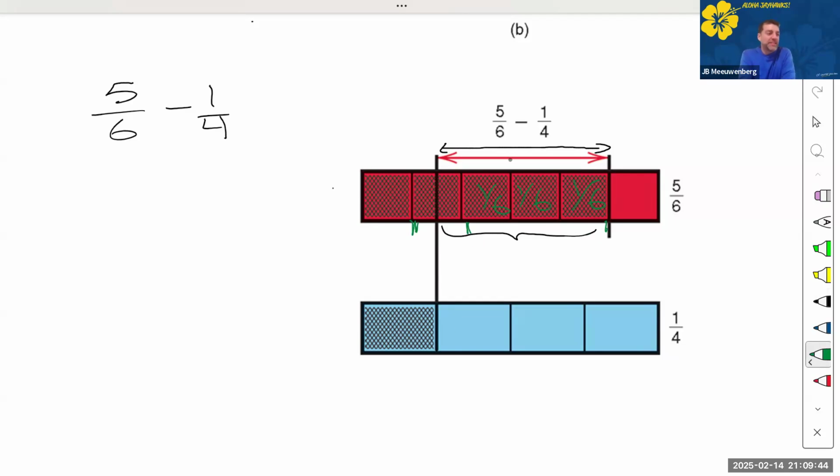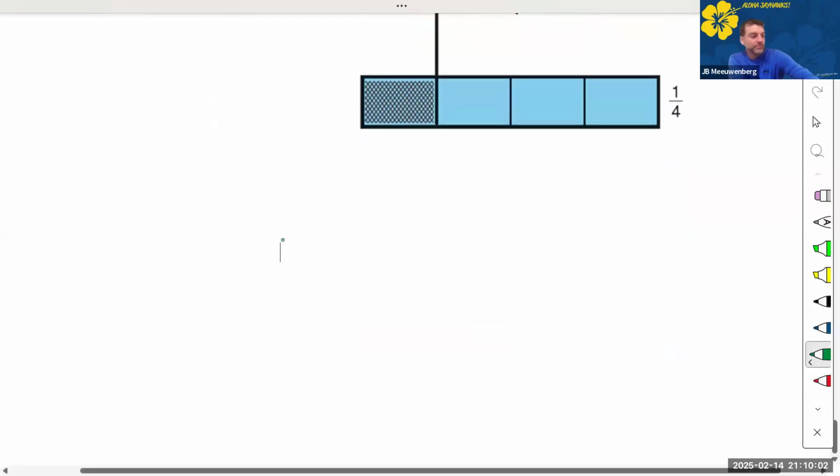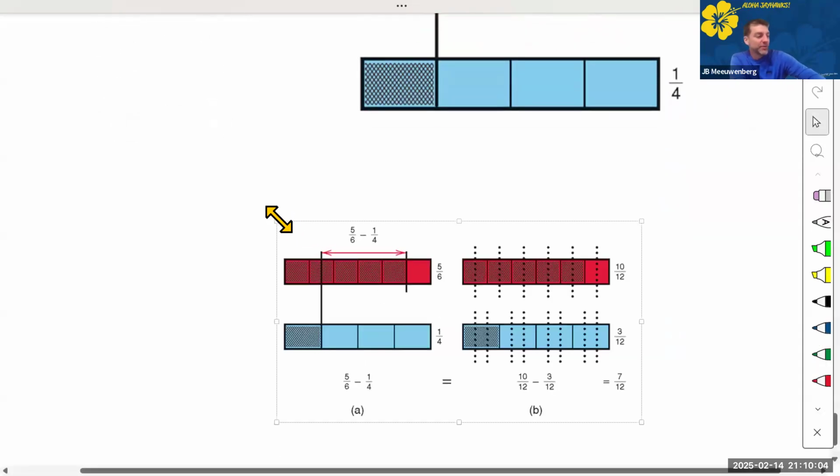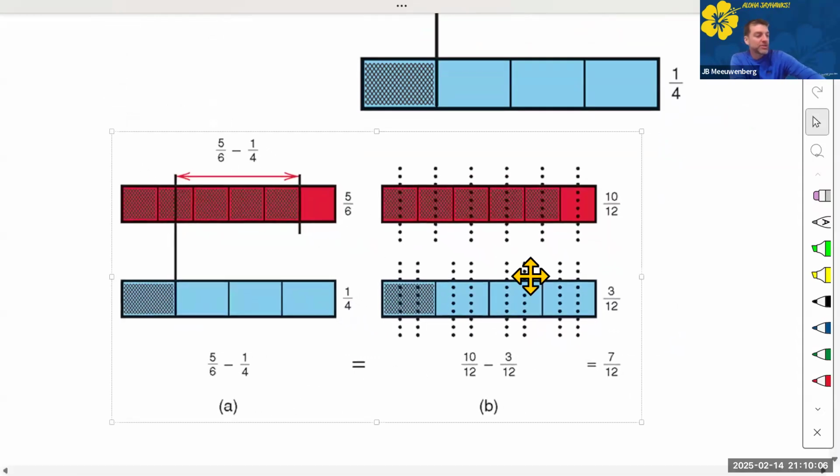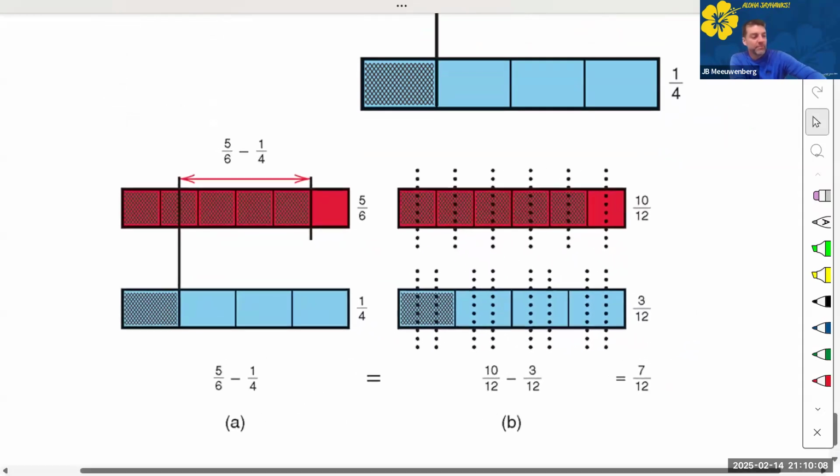So our answer has to be somewhere between 3/6 and 4/6, right? It's going to be somewhere in that distance, but we don't know. We can't just guess. So we have to do something very similar to what we did back when we were doing addition. We had to cut them up so they have common denominators. So this should look fairly familiar.